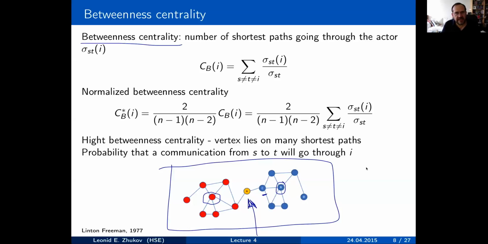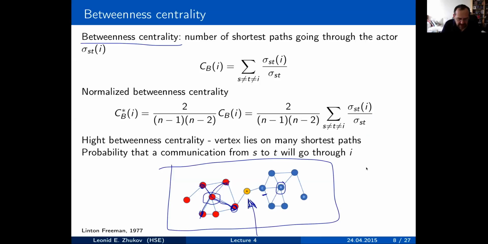It is calculated as the number of shortest paths going through the particular node. And so if we start computing shortest paths from every node in this graph to every other node, there will be some shortest path that, for example, goes from this node to this node, and it goes this way, right? Or from this node to this node, this is the shortest path.